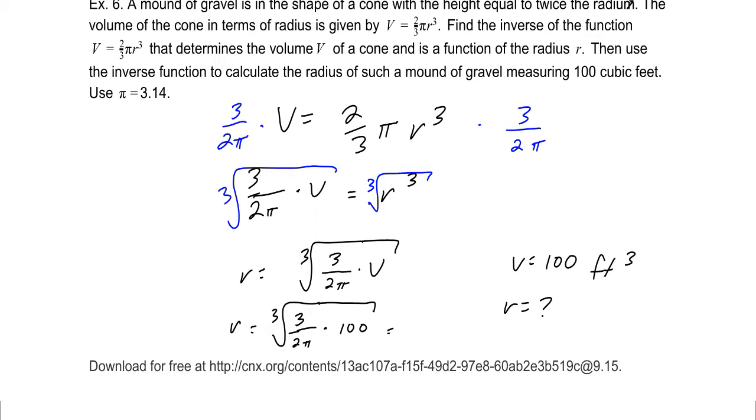Closing my parentheses, that is approximately 3.628. We'll go with that. So the radius is 3.628 feet, because the radius is in feet.